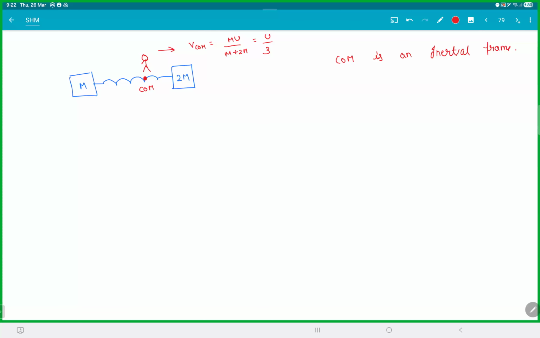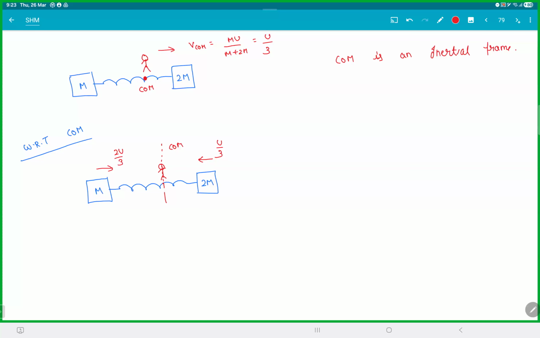If you look from the center of mass frame, this is how the scenario will look. With respect to the COM, it thinks, okay, I'm fixed, I'm not moving. But with respect to me, this block is coming with a speed of u by 3, and this one is coming with a speed of 2u by 3.